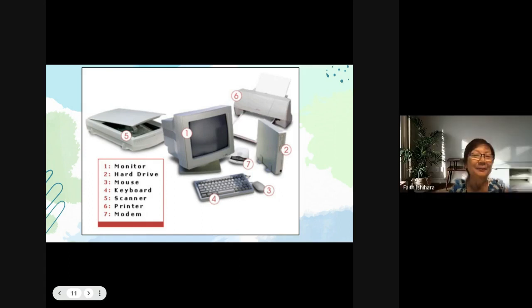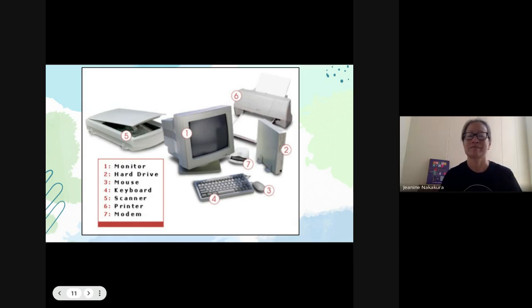Super, super. Okay. Do you think there's such a thing as an input and output device? And if so, do you think any of these might be such a device? Which of these could be input and output? Trick question.